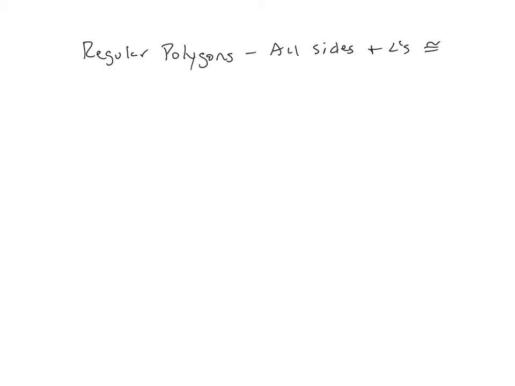So what we're going to talk about for the rest of this lesson and tomorrow all deal with regular polygons. This does not work if they're not regular. We'd have to do something else. And we're only going to talk about regular ones.